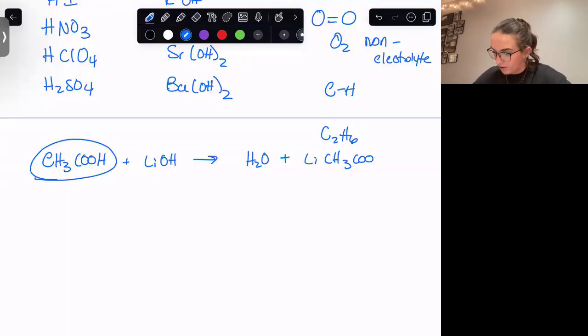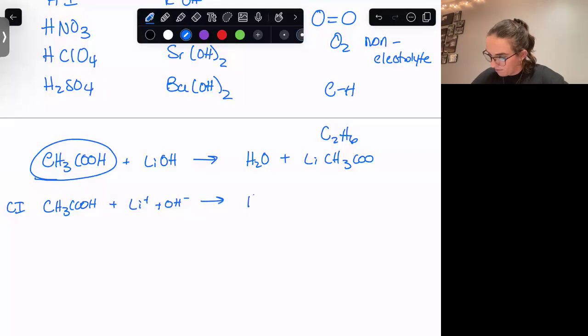So for your complete ionic equation, right, you have CH3COOH, you have lithium and hydroxide, you have H2O, and this now becomes an ionic compound. So this is lithium and CH3COO-.